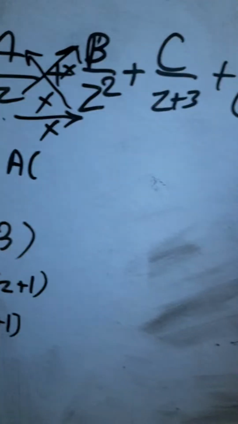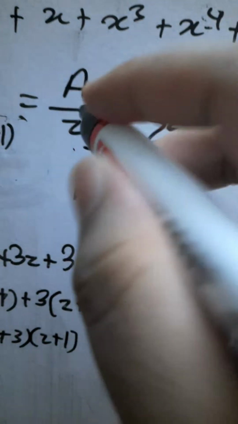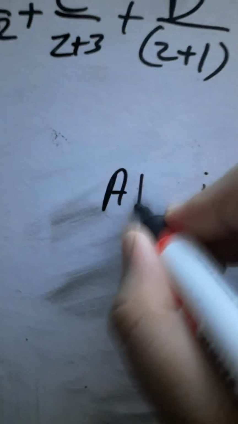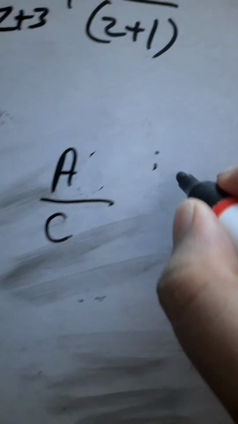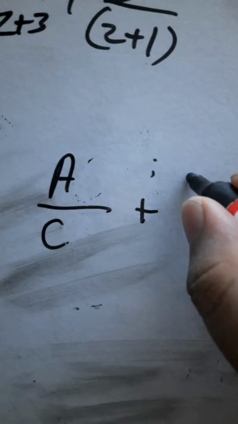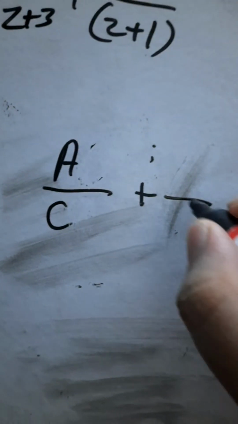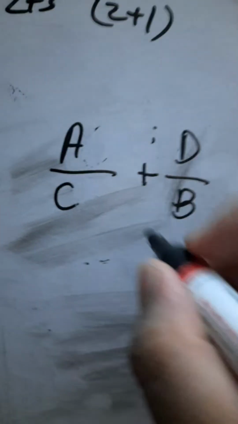We would multiply all this, then other denominators, so that in the numerator, if something is a into b, wait a second, right? No, wait. A into b plus b, no, d by b. Then what do we do?